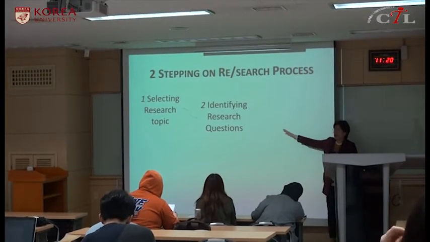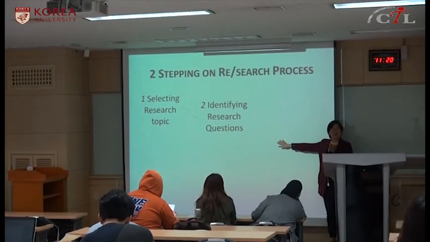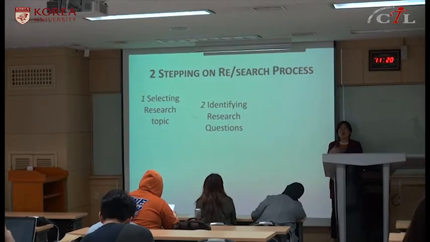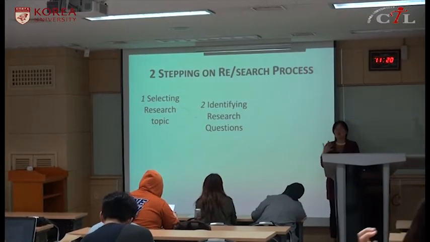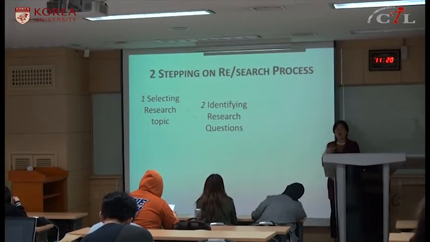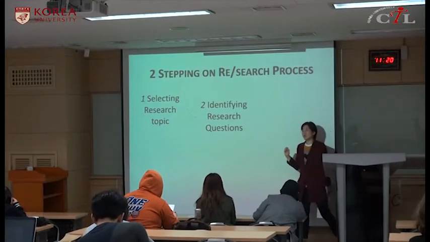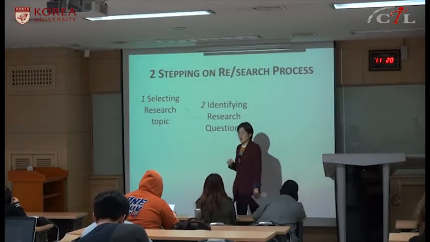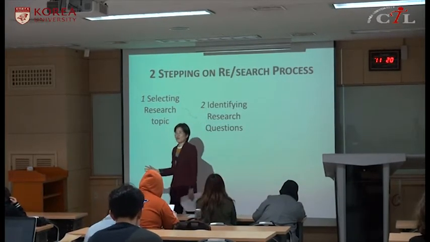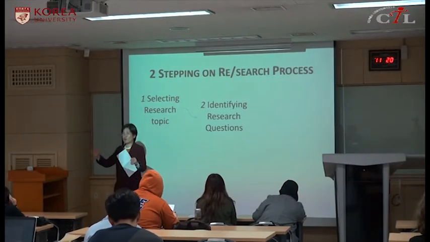And then the second part is very important. You have to identify what are going to be your research questions. The second part is very, very important. If you hold wrong research questions, your whole research process goes the wrong way, in a wrong direction.